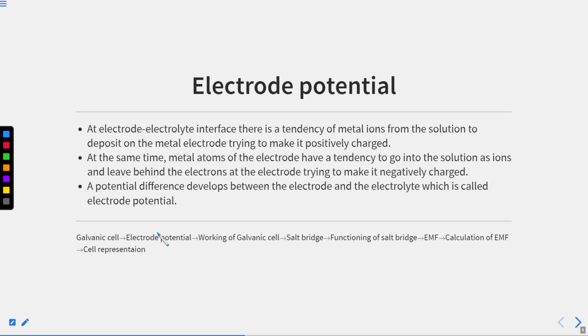Initially the metal is present as a neutral atom. If it wants to go into the solution, it has to lose 2 electrons, or 1 electron depending upon the oxidation number. But it cannot do so. Why? Because that process will leave electrons behind, and there is no way for them to escape the metal.